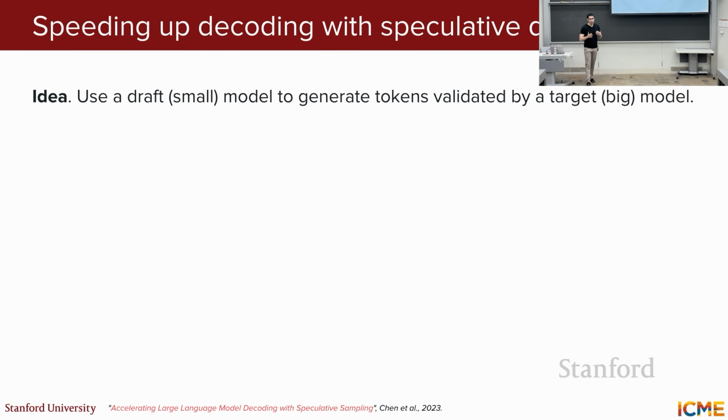So it uses a combination of tricks: using a smaller model to generate things, and then gating it with some mathematical properties to ensure we get a distribution that looks like the one of the big model.